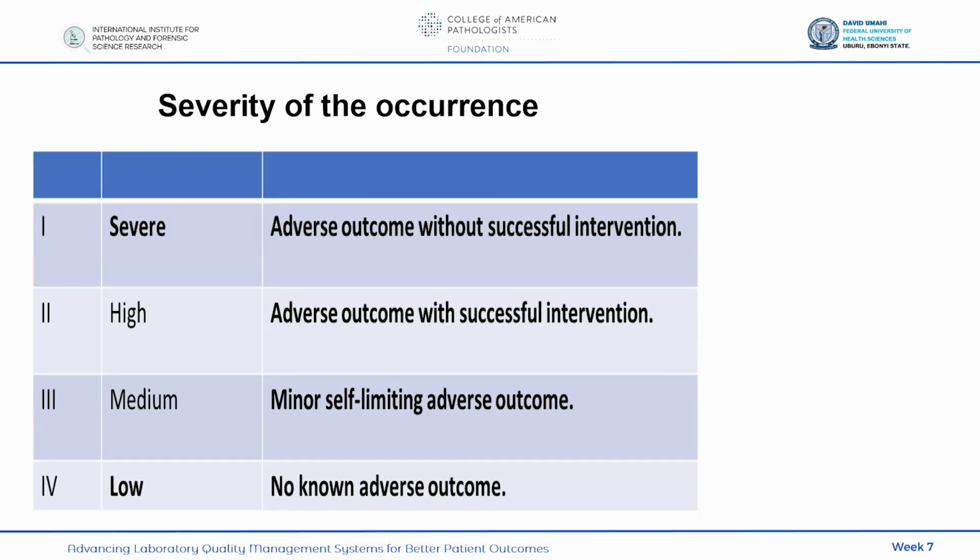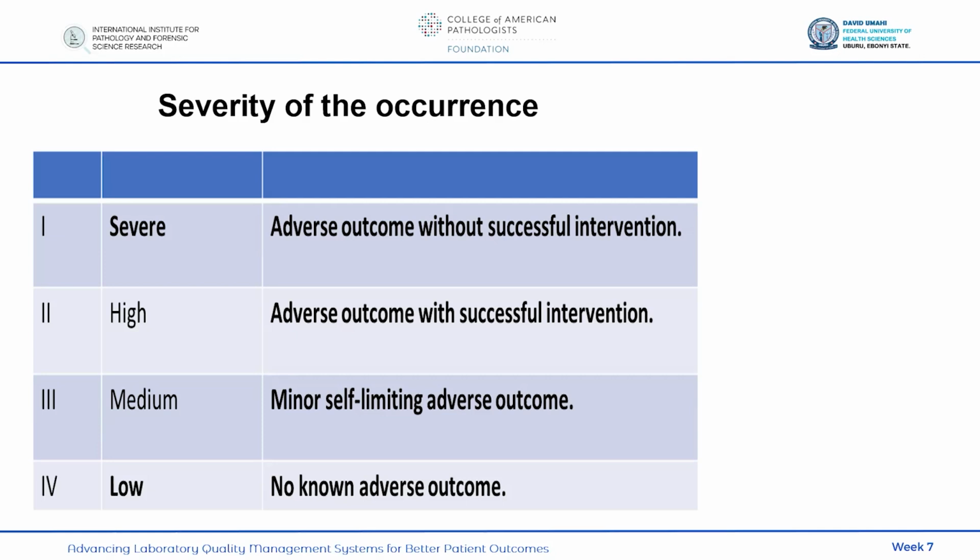Then when they analyze this, they should be able to rank these occurrences so that they put most of their energy into the one that is more cogent, that needs urgent attention. By so doing, they will be able to pay less attention to the ones that may not have adverse outcomes and pay attention to the ones that are very critical.